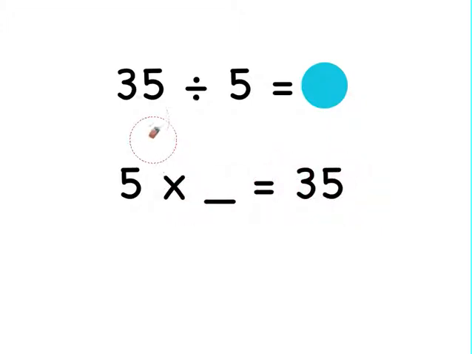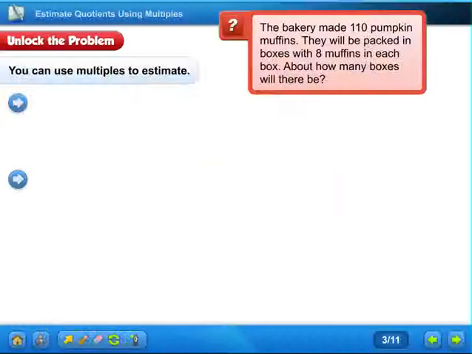Nice job, guys. So 5 times 7 equals 35. Is that correct? So we know that 35 divided by 5 equals 7. Nice job, guys. Let's go into our lesson now.